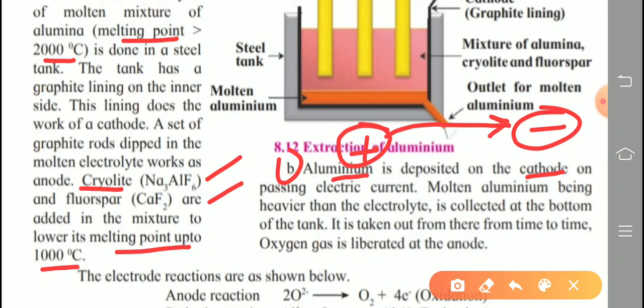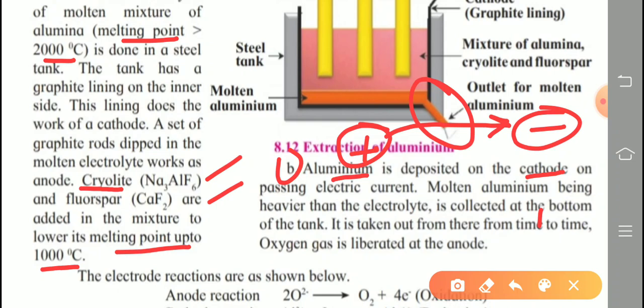Metals are heavy or solid instead. So in this case the aluminium metal is in melted form. So molten aluminium, being heavier than the electrolyte, is collected at the bottom of the tank from this side. Check here. It is taken out from there from time to time.